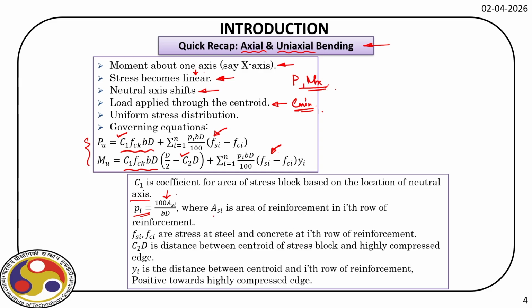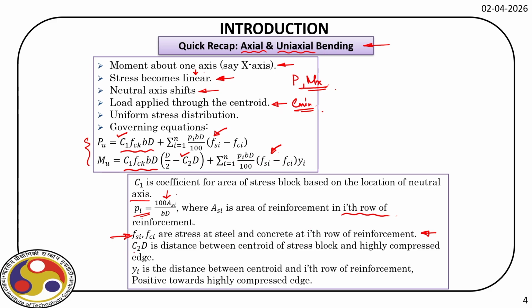And Asi is the area of the steel of the ith layer. Now, these are the stresses: fsi and fci are the stresses in steel and concrete at the ith row of reinforcement, right?